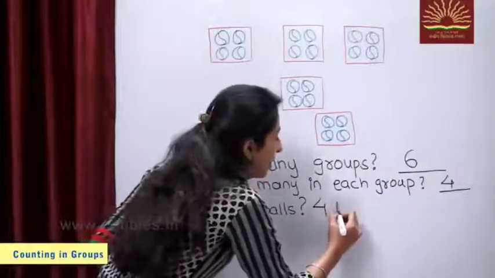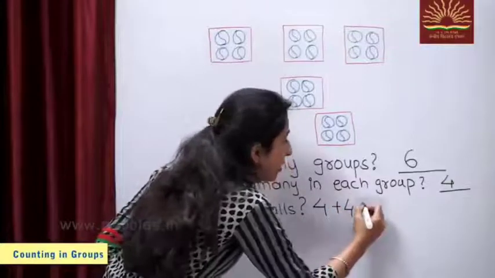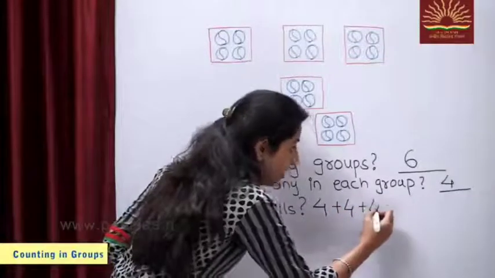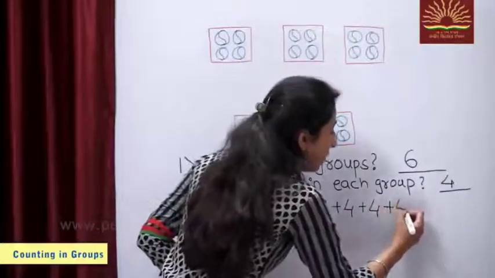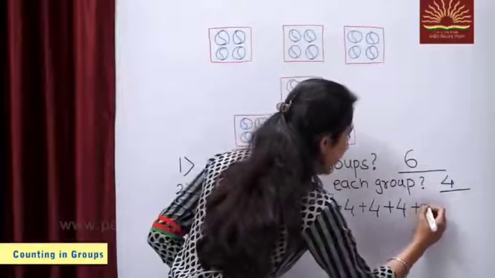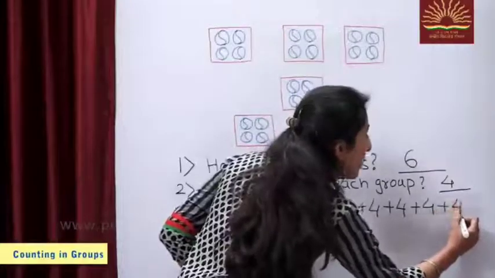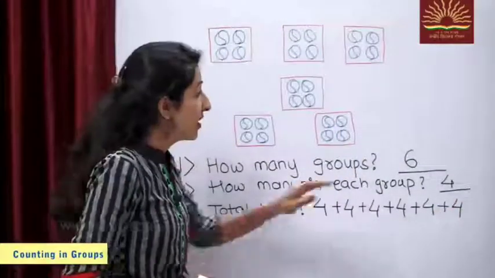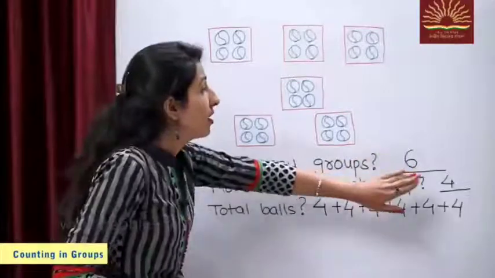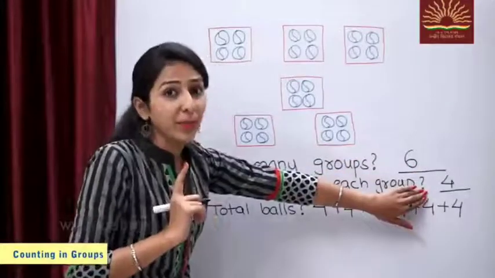4 plus 4 plus 4 plus 4 plus 4 plus 4. 6 groups, 4 balls in each group.